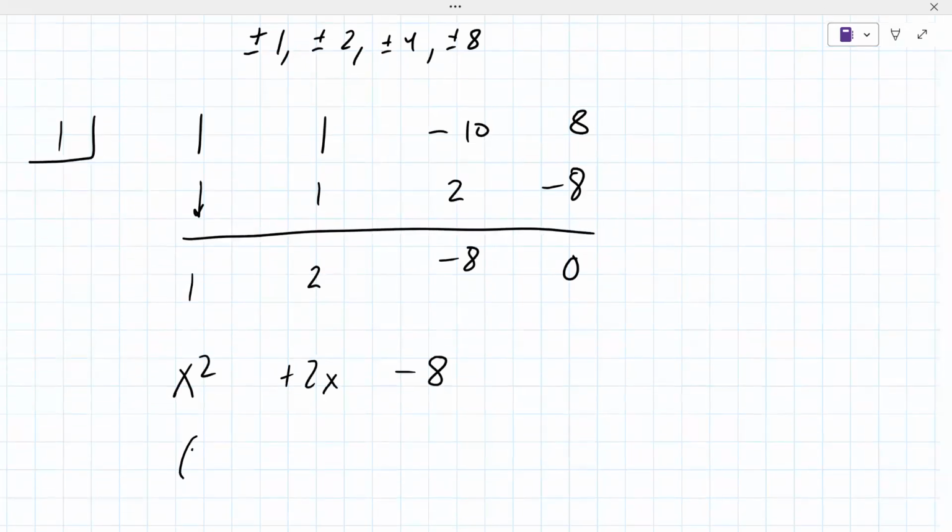So then you got x plus 4, x minus 2, and then is this x minus 1 or x plus 1? X minus 1. X minus 1, there you go.